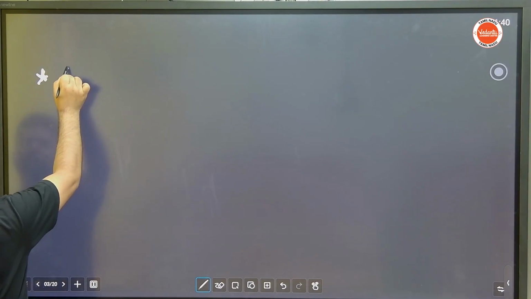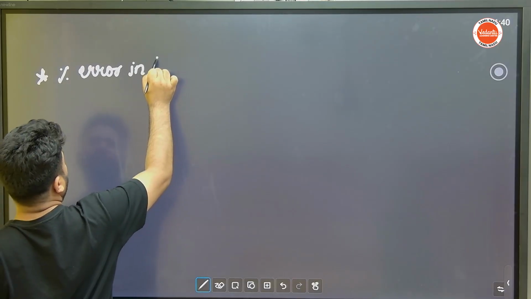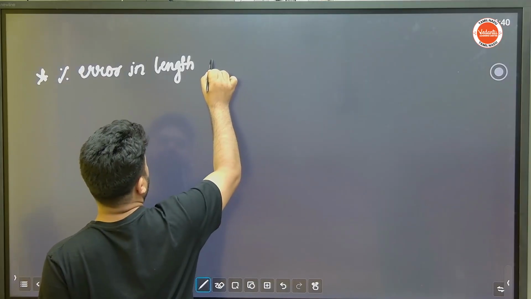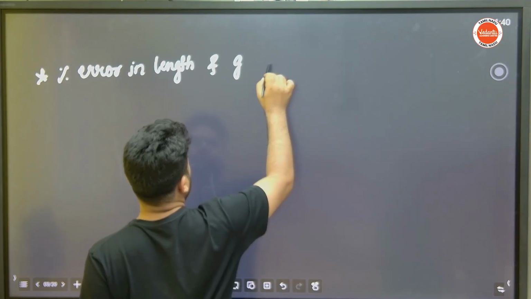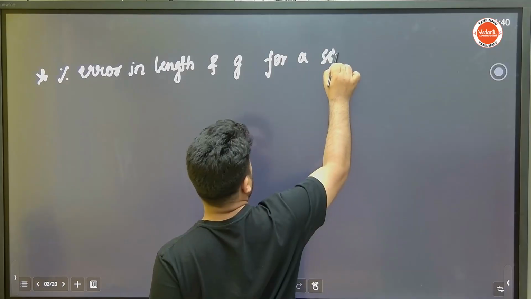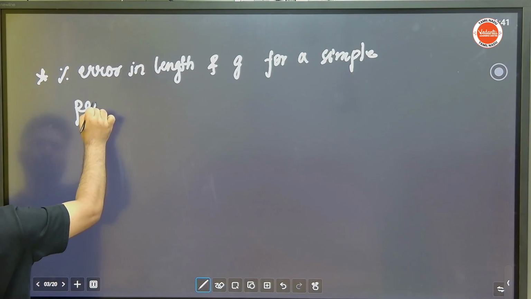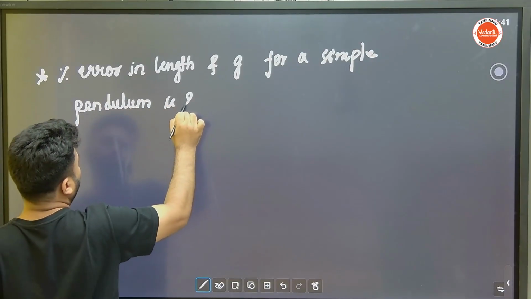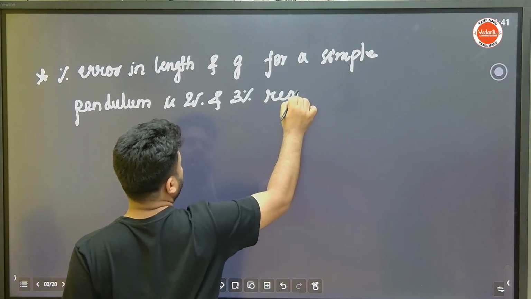Question they have given: percentage error in length and g for a simple pendulum is 2% and 3% respectively.